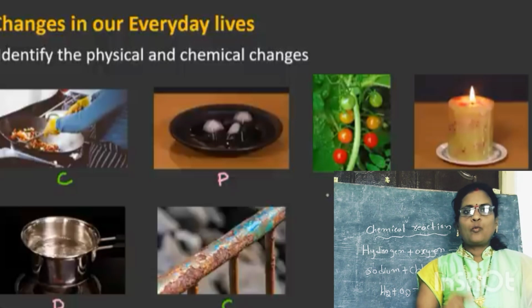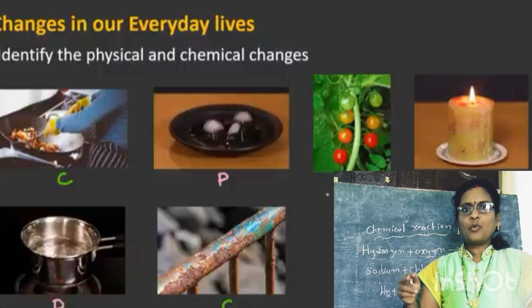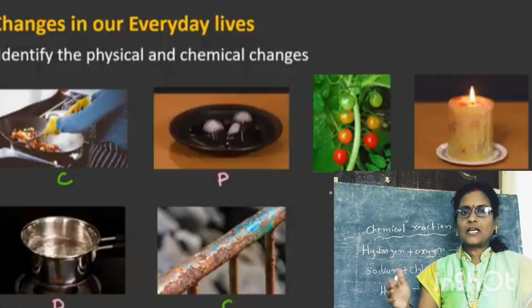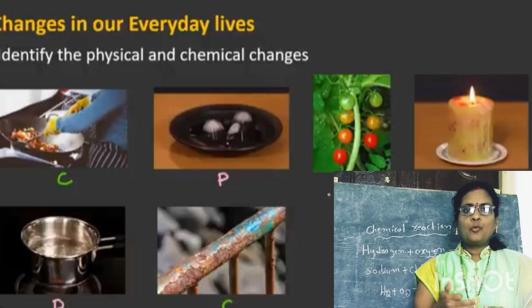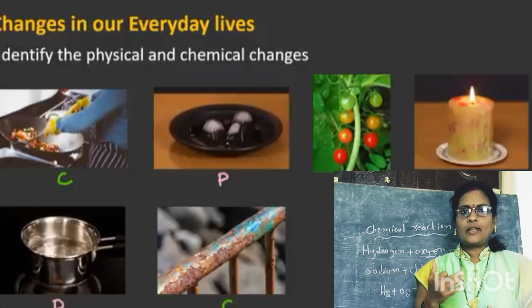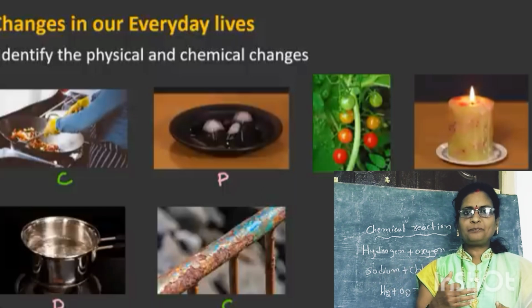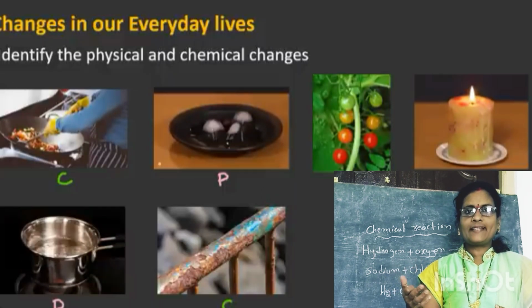Can you see rusting of the iron is shown? So, what changes that? Correct. It is a chemical change because new substances are formed when the fruit gets ripened and you cannot get back the original form of the fruit.